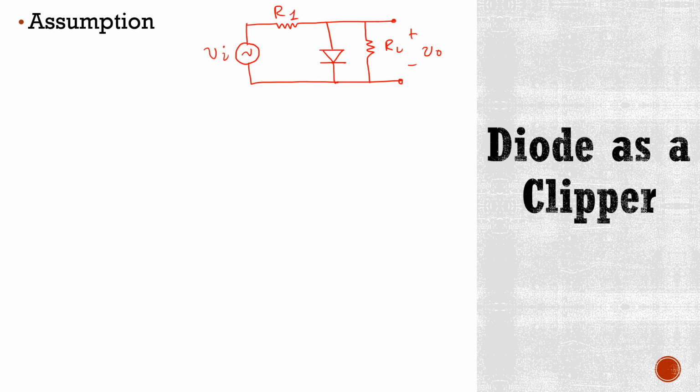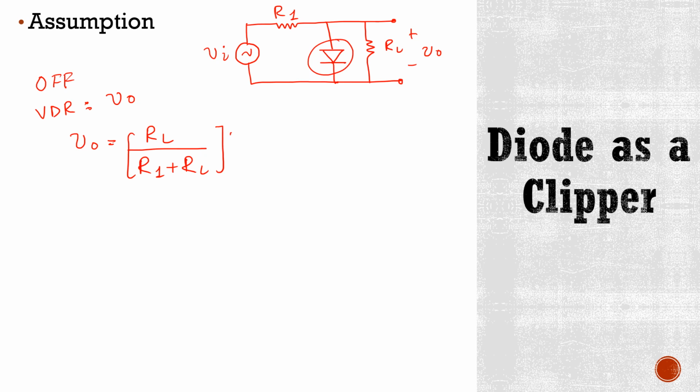I mentioned that when this diode is off, we use the voltage divider rule for finding output voltage, and its formula is RL divided by R1 plus RL, multiplied by the input voltage.